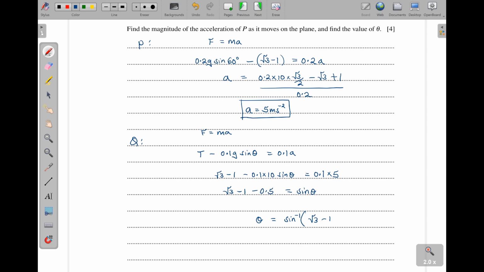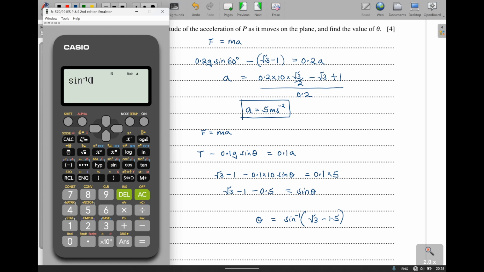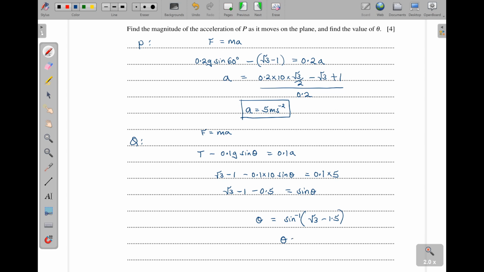Then minus 1.5. So what do we get? We put this in the calculator. Arc sine of root 3 minus 1.5. That is 13.4 to 1 decimal place. So theta is equal to 13.4 degrees to 1 decimal place.